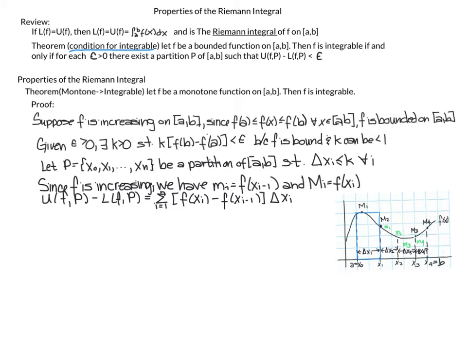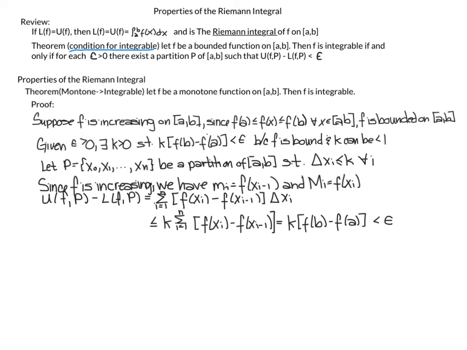So then our upper sum with respect to the partition minus our lower sum with respect to the partition. Remember, the upper sum is the length of the interval times the supremum of f of x in that interval. So that is the sum of our f of xi, our supremum, times the interval, minus the lower sum, which is our infimum times the interval.